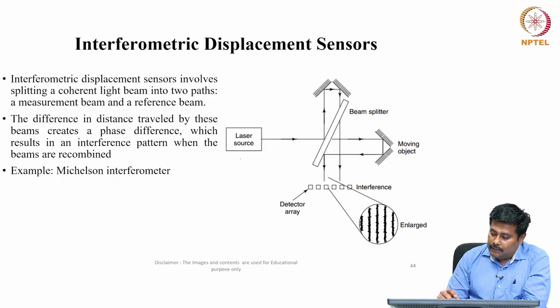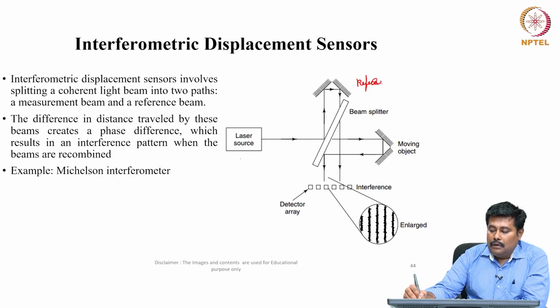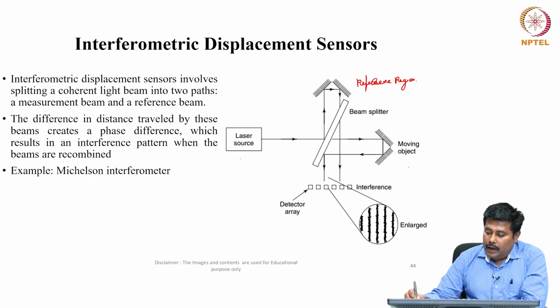From the laser source, the laser beam is made to pass through the beam splitter, where the beam is split into two. This acts as a reference region, and this is the area or the parameter which we need to measure.